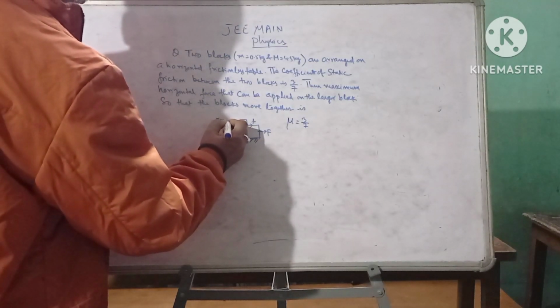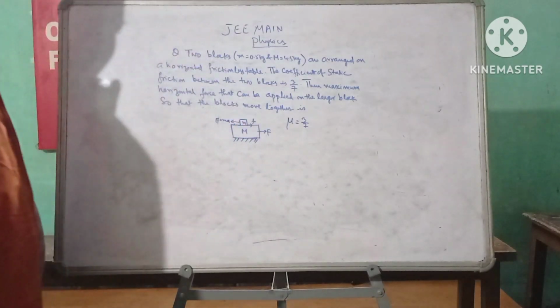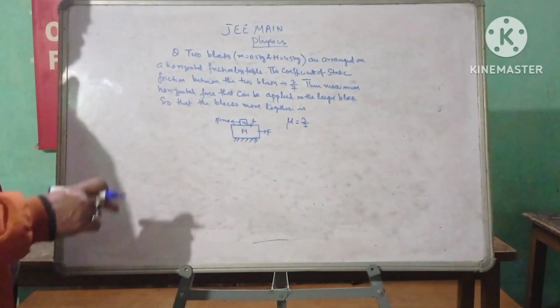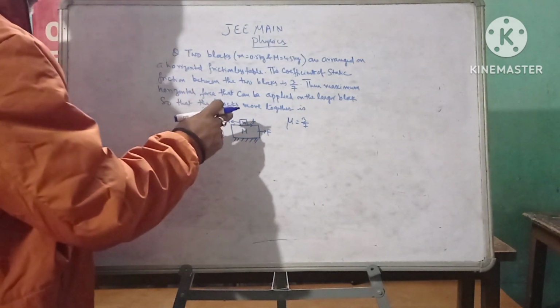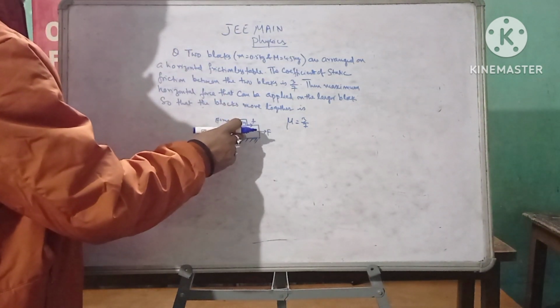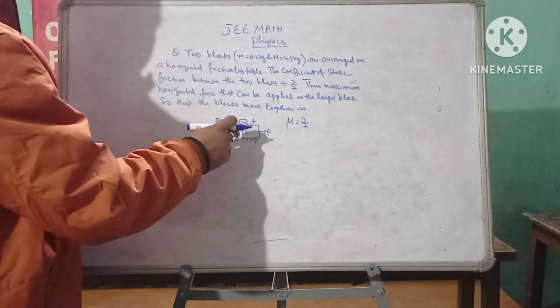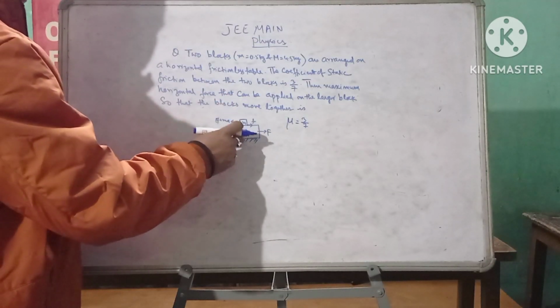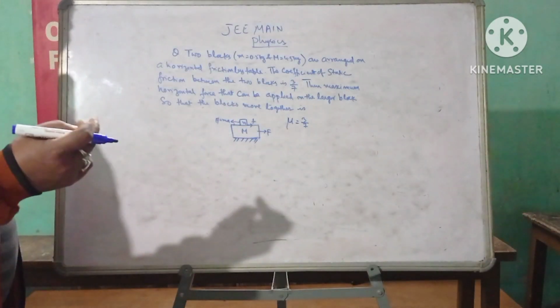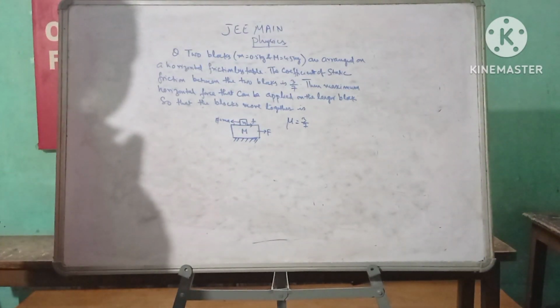That force F is equal to ma, because we have to balance this force. Why? Because this block and this block are moving together. That means you may consider this as one piece.